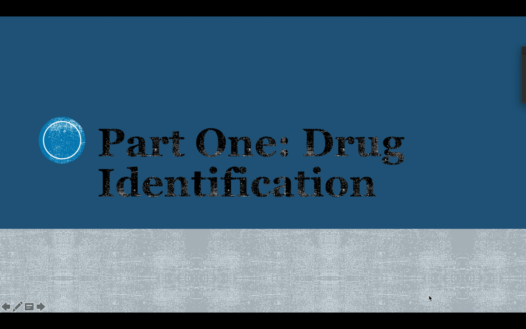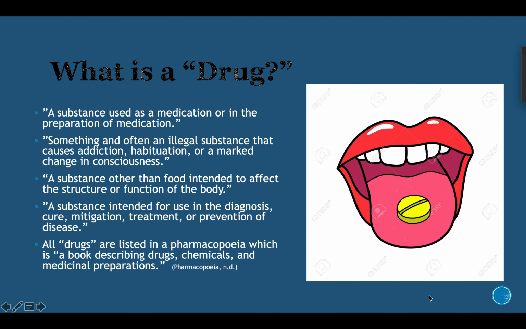So, part one, we're going to start with drug identification. I'm sure you all know what a drug is, but we're going to go through some of the terms for it. A drug is a substance used as a medication or in the preparation of medication. It's something, often an illegal substance, that causes addiction, habituation, or a marked change in consciousness.